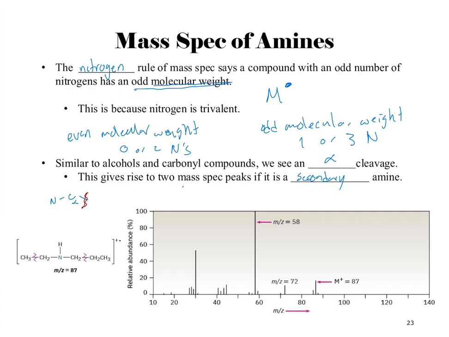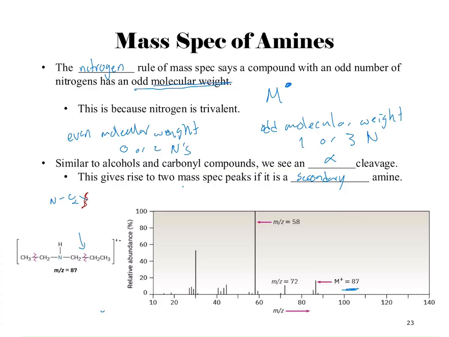All right, so here we see that the molecular ion is at 87, which is right there. And then we have 2 alpha cleavage sites. The cleavage on the left here is going to give a resonance stabilized ion. So let's rewrite this here.